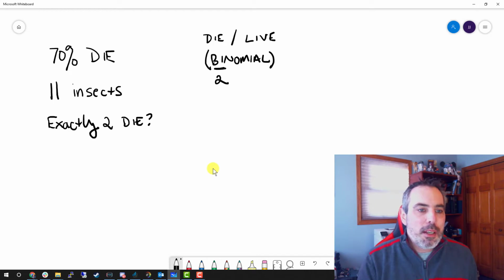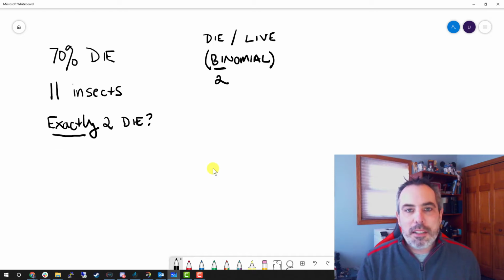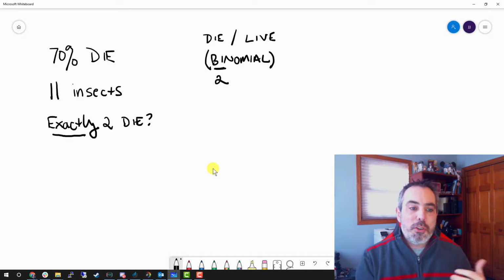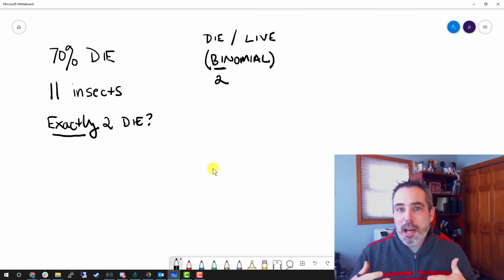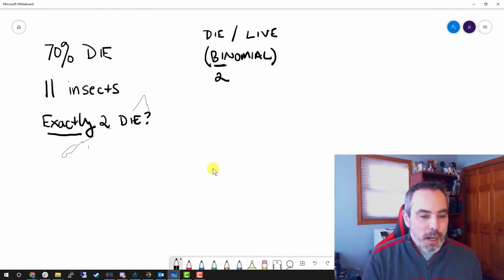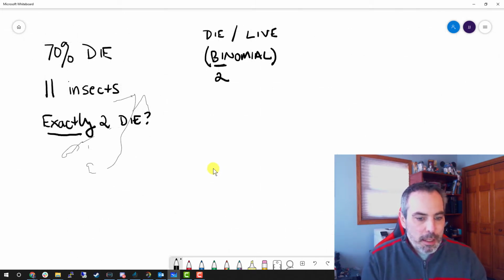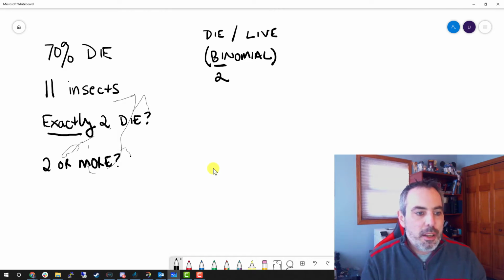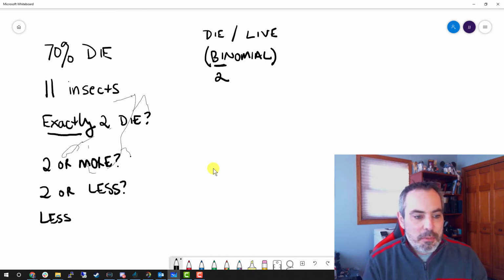So this becomes a simpler problem as far as a binomial distribution, because we're looking for the probability that exactly 2 things happen. Now, I'm going to show you the math behind this and then show you how it becomes more complicated when I ask the question, what's the probability that 2 or more die, or 2 or less, or in some cases I just say less than 2.